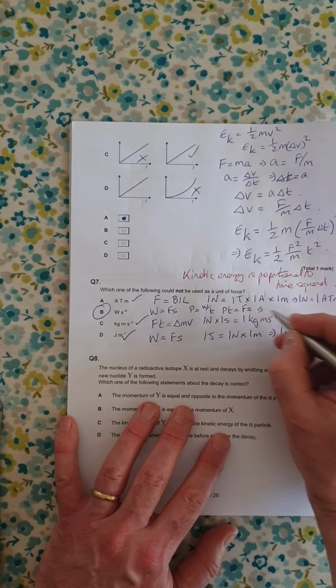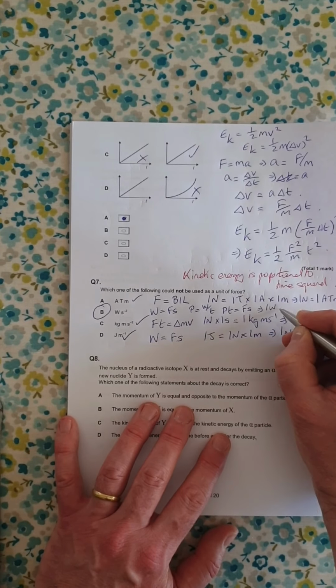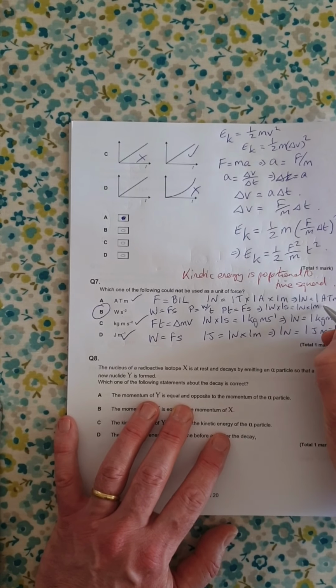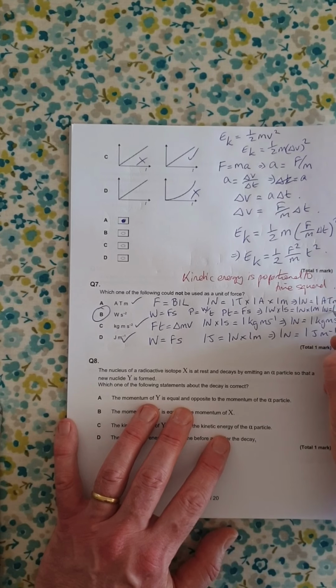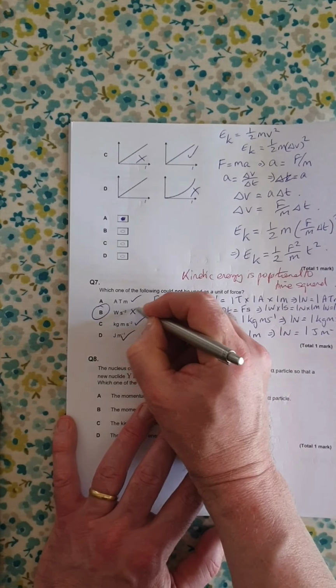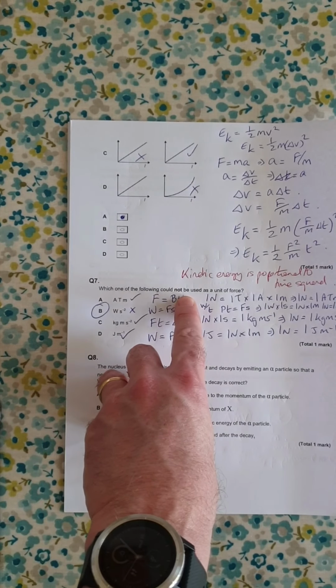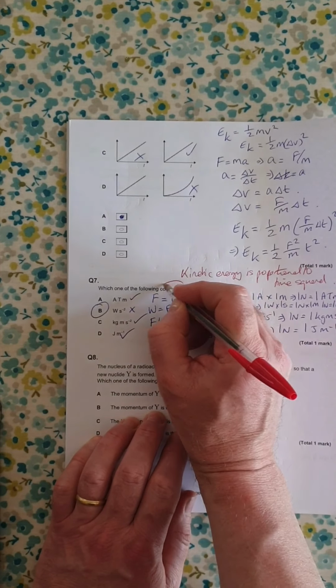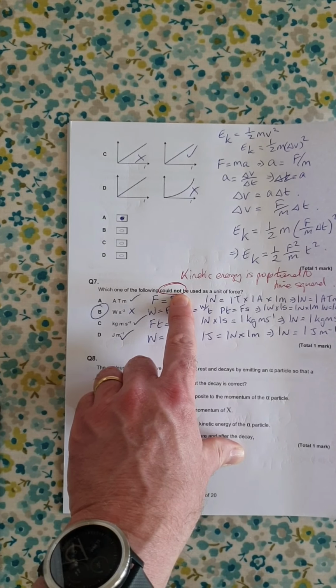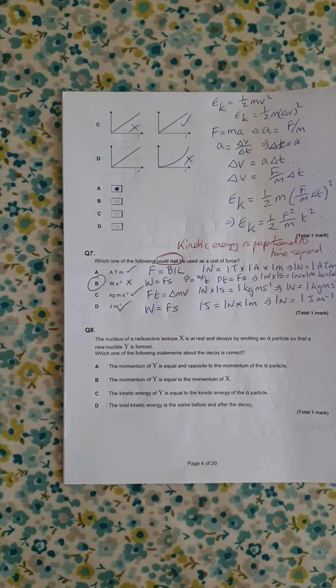That would give me 1 watt times 1 second is equal to 1 Newton times 1 meter, to give me 1 Newton is equal to 1 watt second to the minus 1 meters to the minus 1. So this one is wrong, and that's what they want. They want the units that could not be used for force in this case.